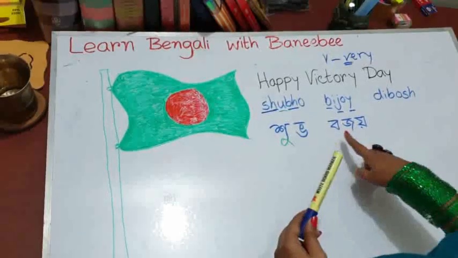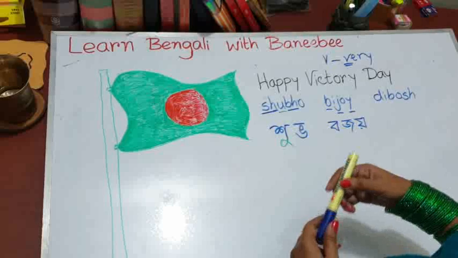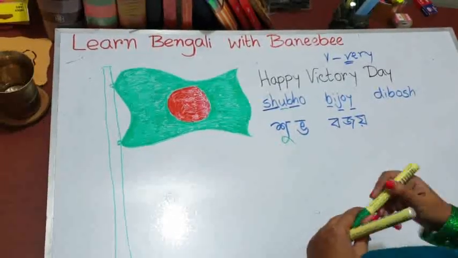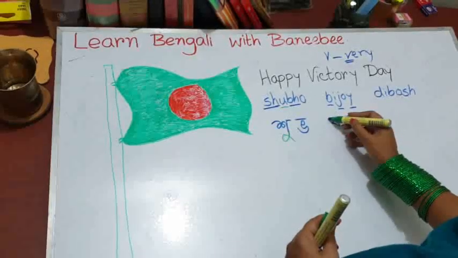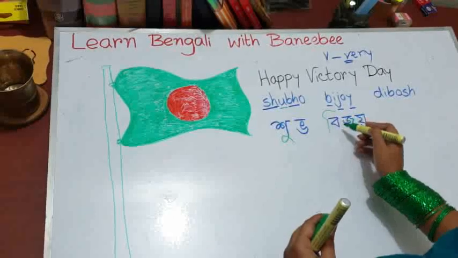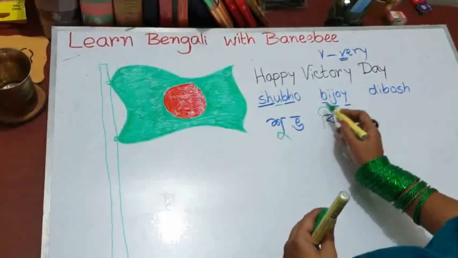So right now it is Bojoy, but it should be Bijoy, right? So I'll have to make it Bijoy. So this umbrella, this is the E sound in Bangla. So if I add this, this ba will become B.